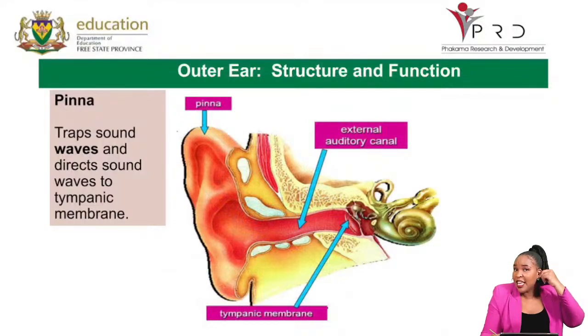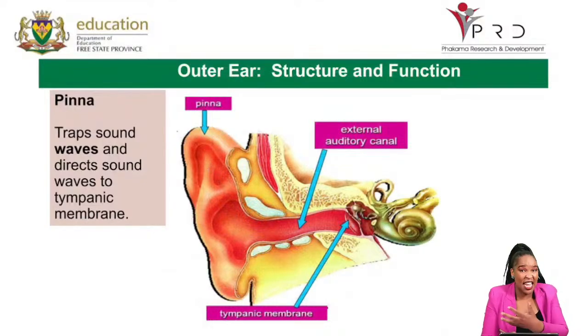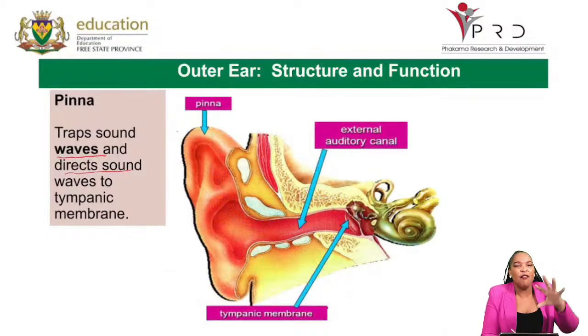So this pinna here, remember, it is part of the outer ear. Its function is to trap sound waves and direct those sound waves to the tympanic membrane. So everything that is happening surrounding you, the sound that is coming, that is going left, right, up, down, is going to be trapped by the pinna and directed into the tympanic membrane or the tympanium. So that is the function of the pinna.